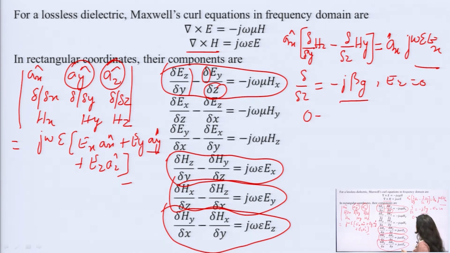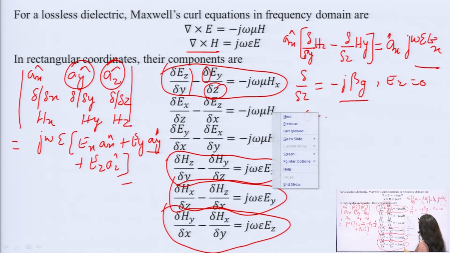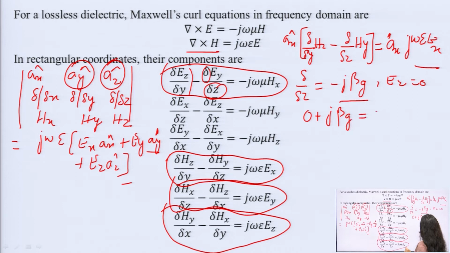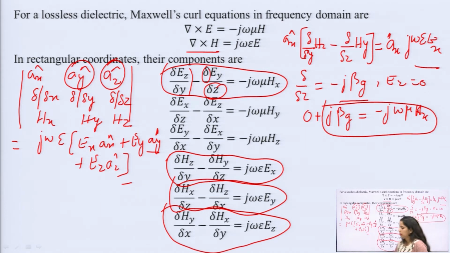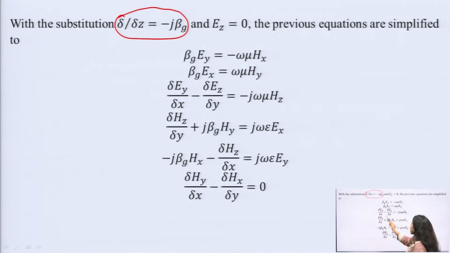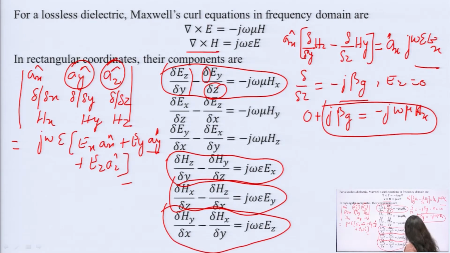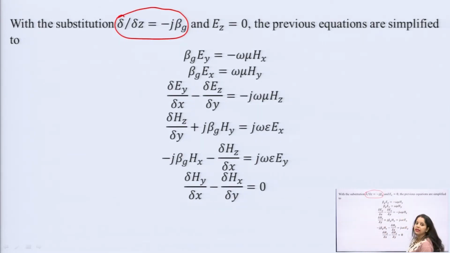So minus minus will be plus j beta g is equal to minus j omega mu Hx. If you are able to see the first expression, this is exactly the same one, yes or no? This is exactly the same one.